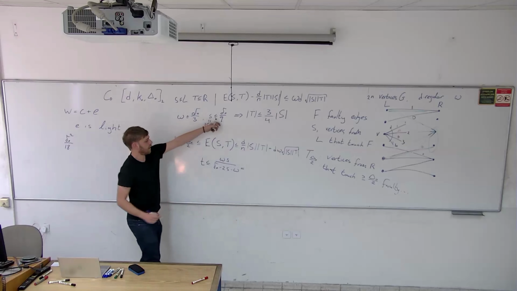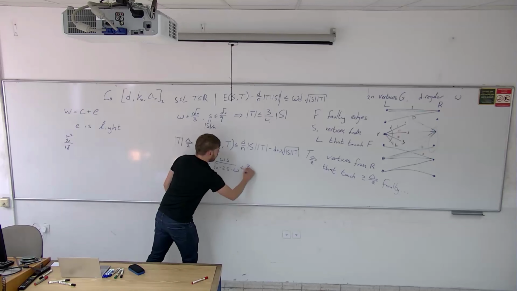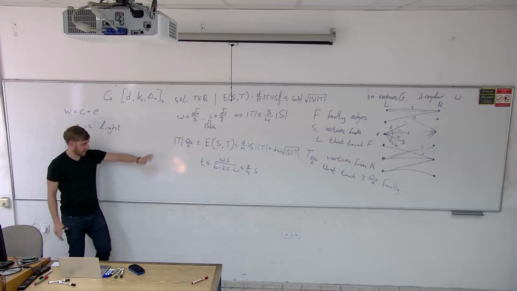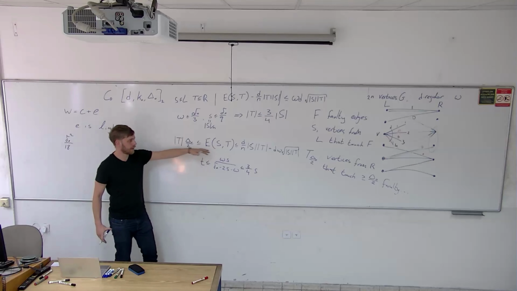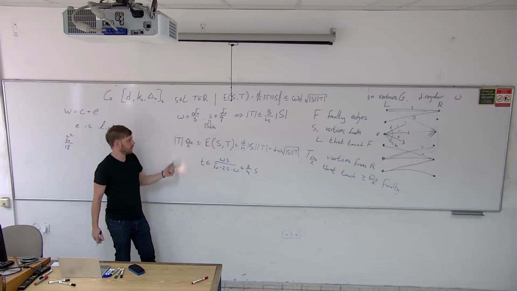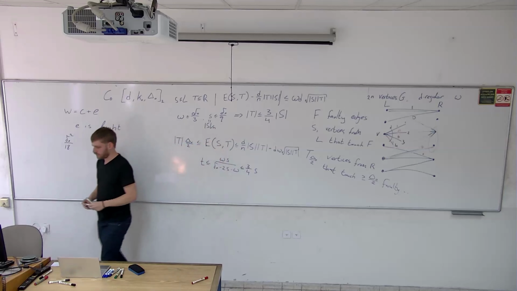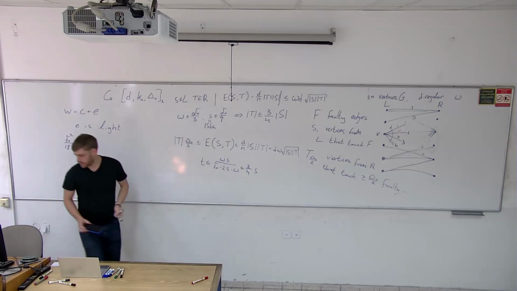Plugging in assumptions about the parameters, it gives us the result. But again, the main point of this proof is that we use the expander mixing lemma to bound the size of T with respect to the size of S. Any questions?